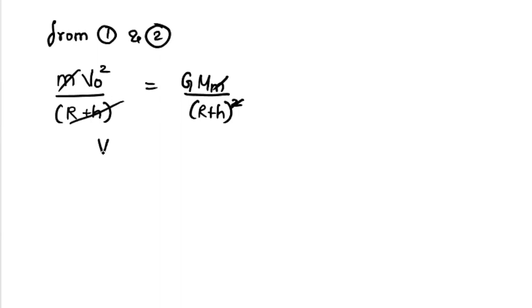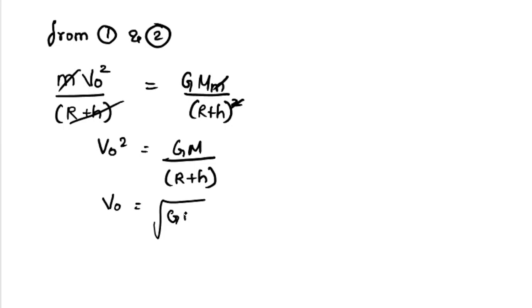So your V naught will be equal to the square root of GM by r plus h. So this is your V naught, an expression for your orbital velocity.